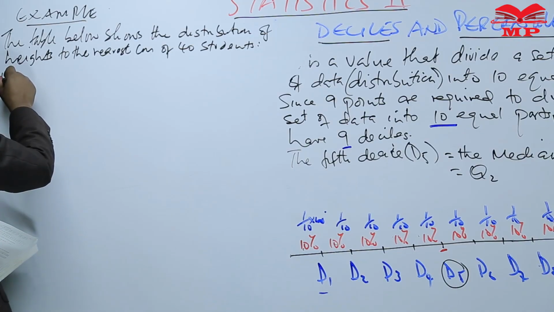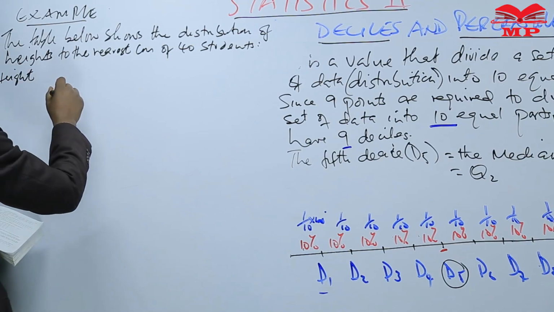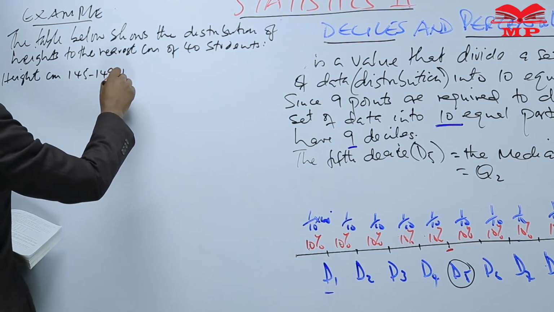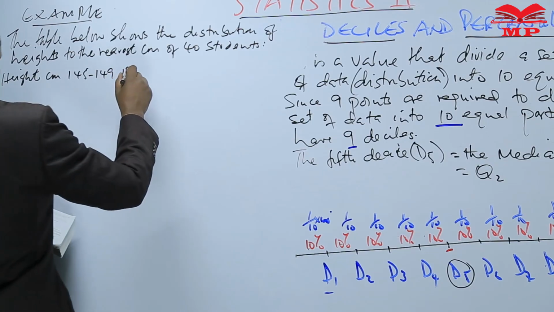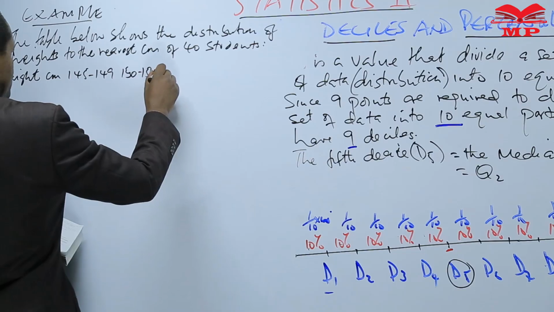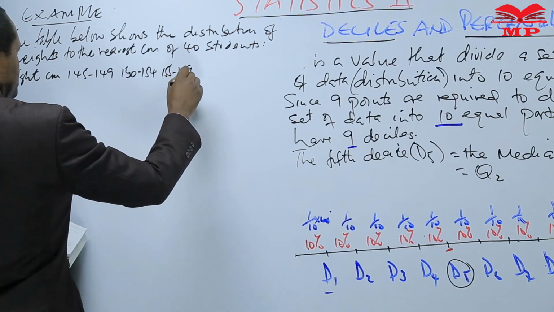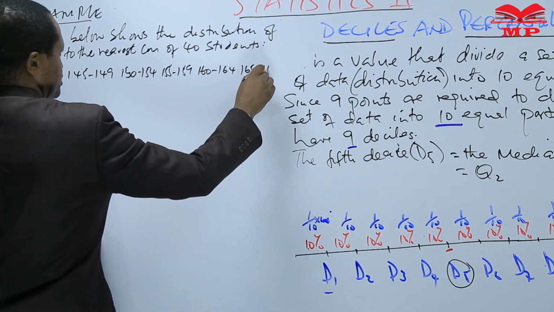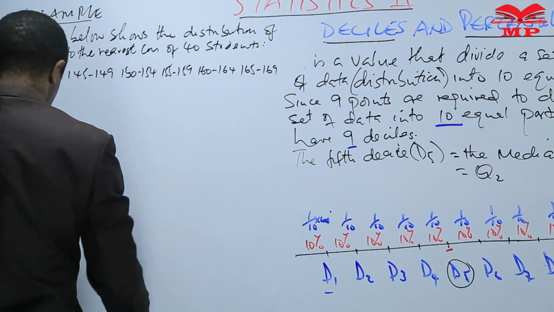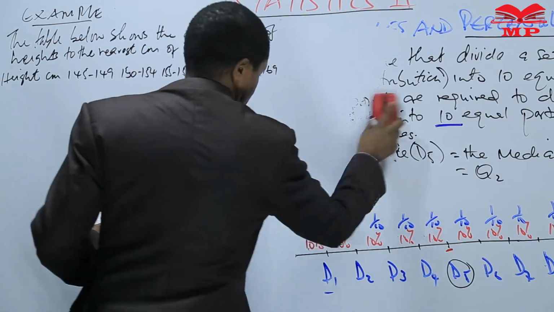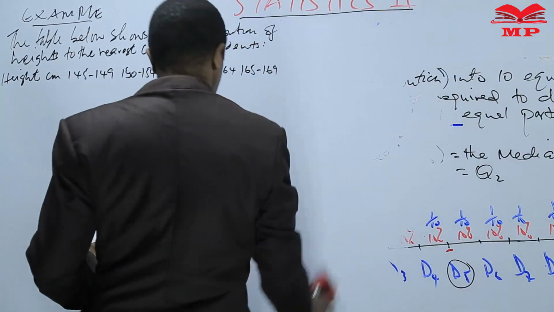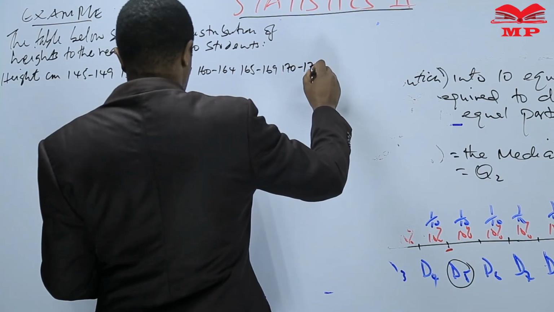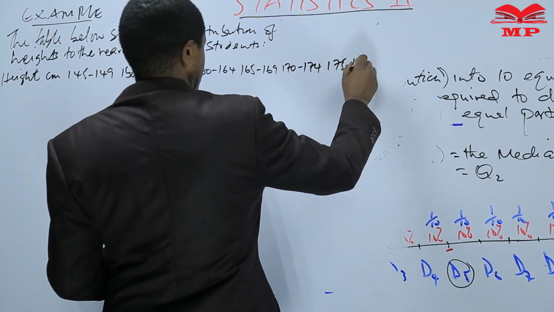So we have here height in centimeters: 145 to 149, 150 to 154, 155 to 159, 160 to 164, 165 to 169, 170 to 174, then 175 to 179.